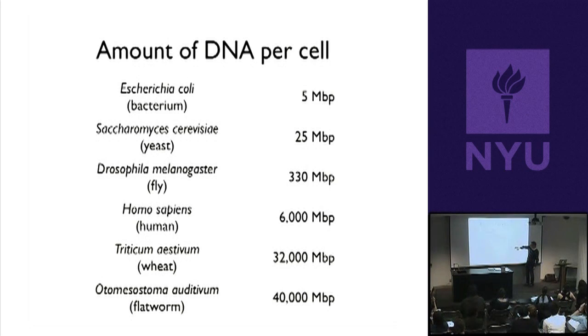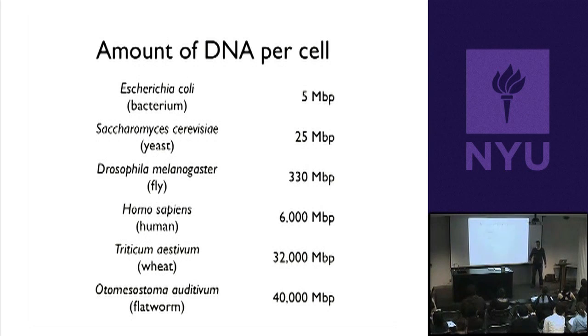So here are some surprises. Wheat, a plant: 32,000 million base pairs. 32 billion base pairs of DNA per wheat cell. I guess that means that wheat is 5 times more complicated than we are.